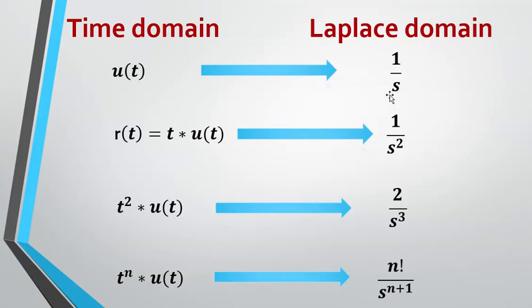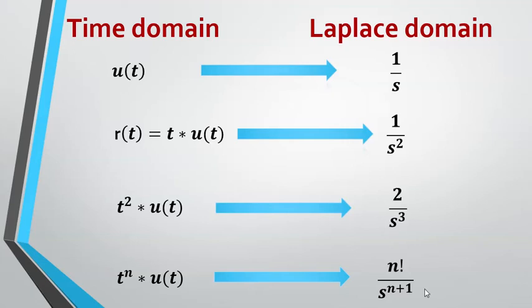This one we actually used the formula to prove. The Laplacian of r(t) is 1 over s square. The Laplacian of t square u(t) is 2 over s cube. Or the Laplacian of any t to the power of n times u(t) will be n factorial over s to the power of n plus 1.